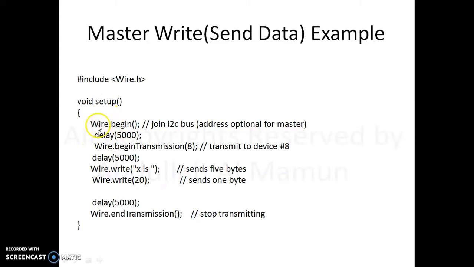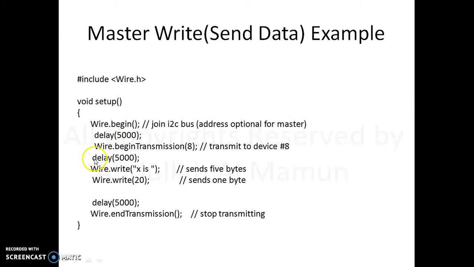First we write Wire.begin to initialize the I2C communication system, then use a simple delay, and then Wire.beginTransmission(8). So 8 is the number of the slave. Through this function we say that we want to start communication with slave number 8.